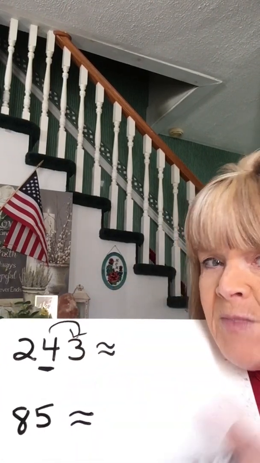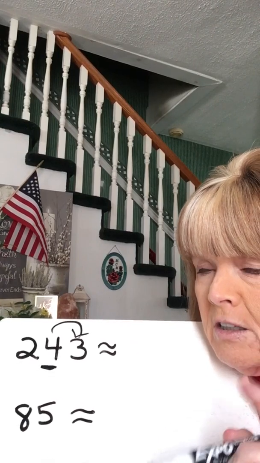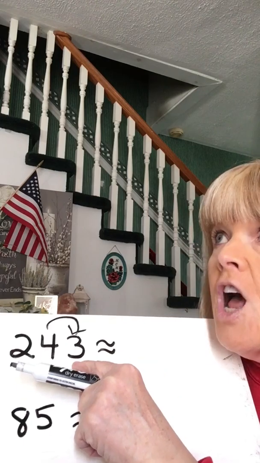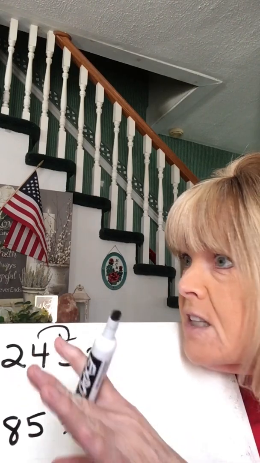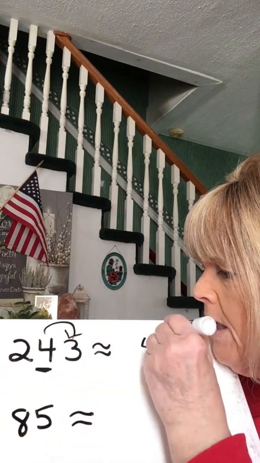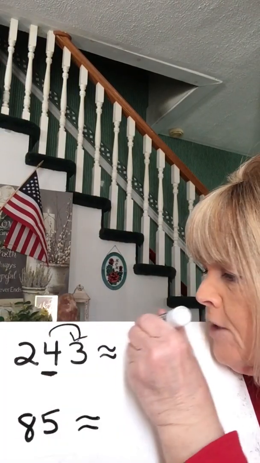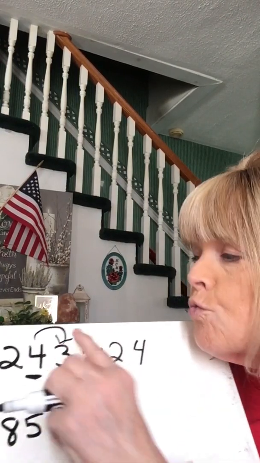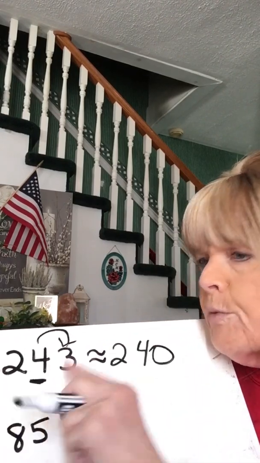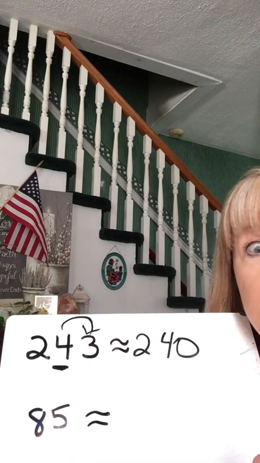And he says, I think you ought to stay the same here, buddy. Because see, when that digit is less than 5, he always says just stay the same. So he stays at 4. Everybody to the left stays, so that 2 stays. Everybody to the right of the underline changes to a 0. So 243, that's about 240.